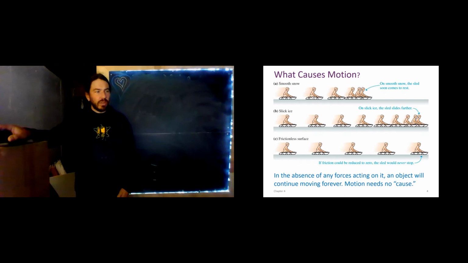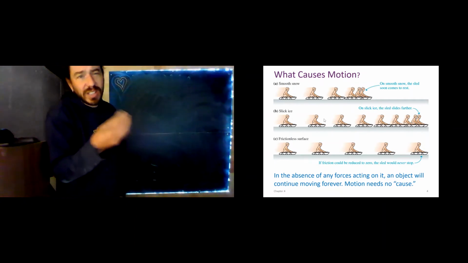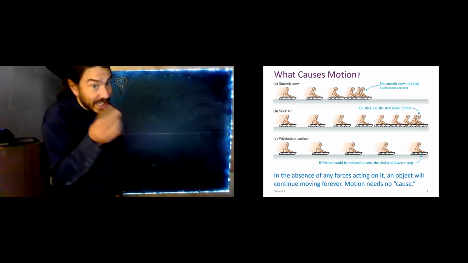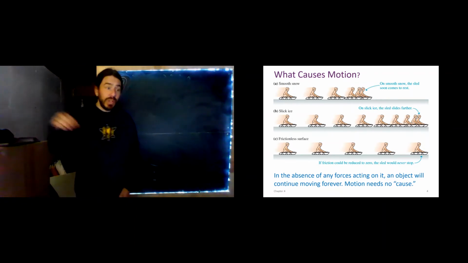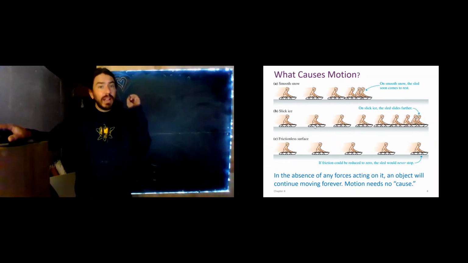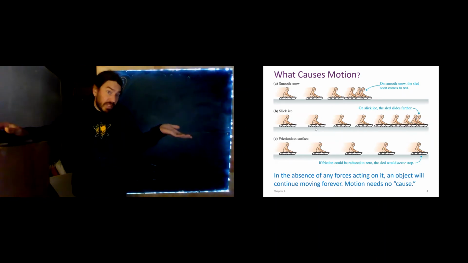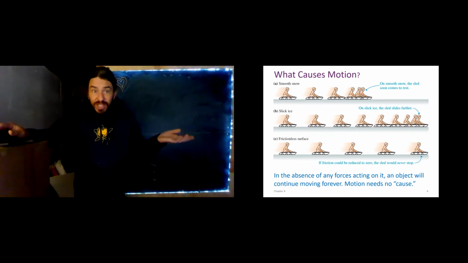This child is going to slide for a while until they come to a stop, right? And the smoother the snow is, the farther they'll go. In fact, I could put this child on some super slick ice and give this child a push, and they'll slide even farther, but eventually they'll come to a stop. Why? Because of friction. And friction is a force.